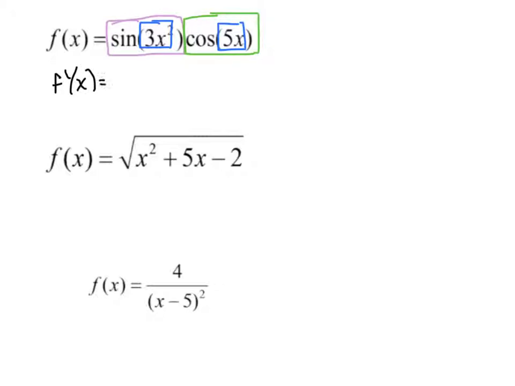Remember, your product rule is the first times the derivative of the second. Now, think about chain rule here, right? We've got a 5x on the inside, so we start with the derivative of the outside, leave the inside alone, and then multiply by the derivative of the inside. Plus. So that's our first times derivative of the second. Then we've got the second times derivative of the first.